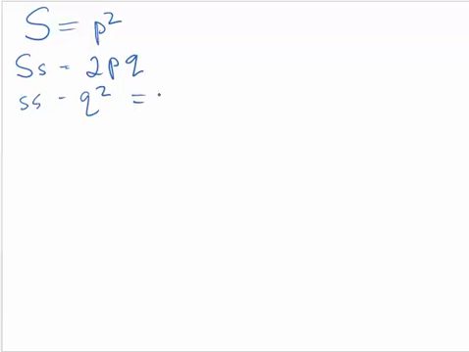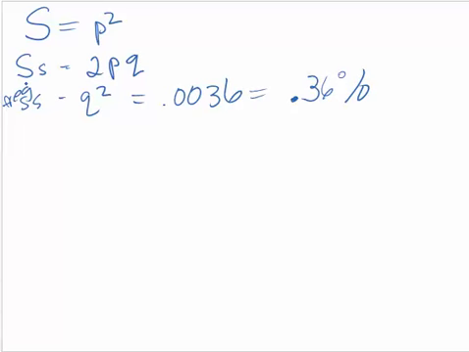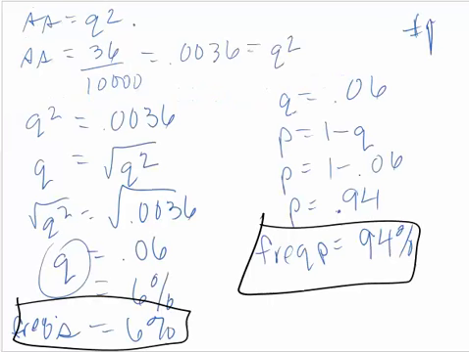If you remember, that was 0.0036. But the frequency, I want you to change that to a percent, which is 0.36%. So that's the frequency of little s little s. Now, from the other slide, what was P?